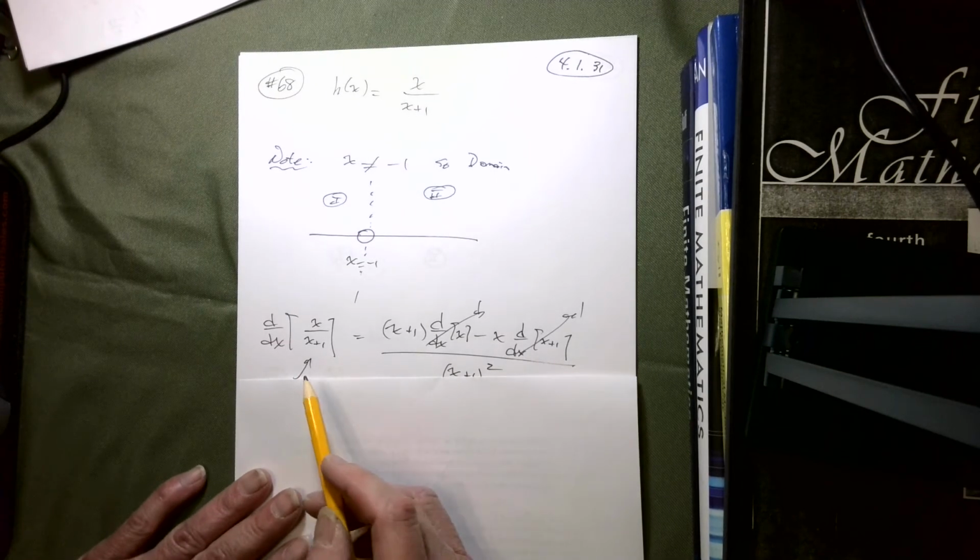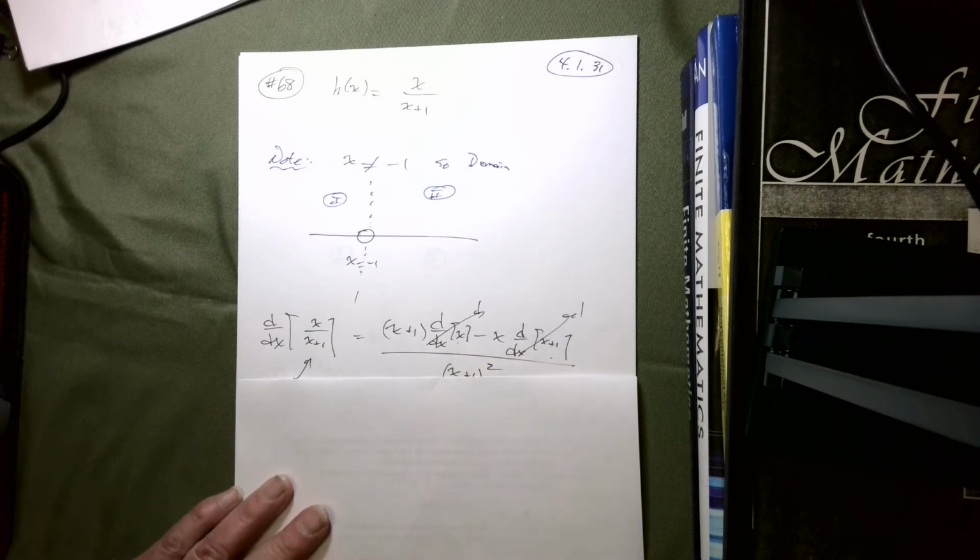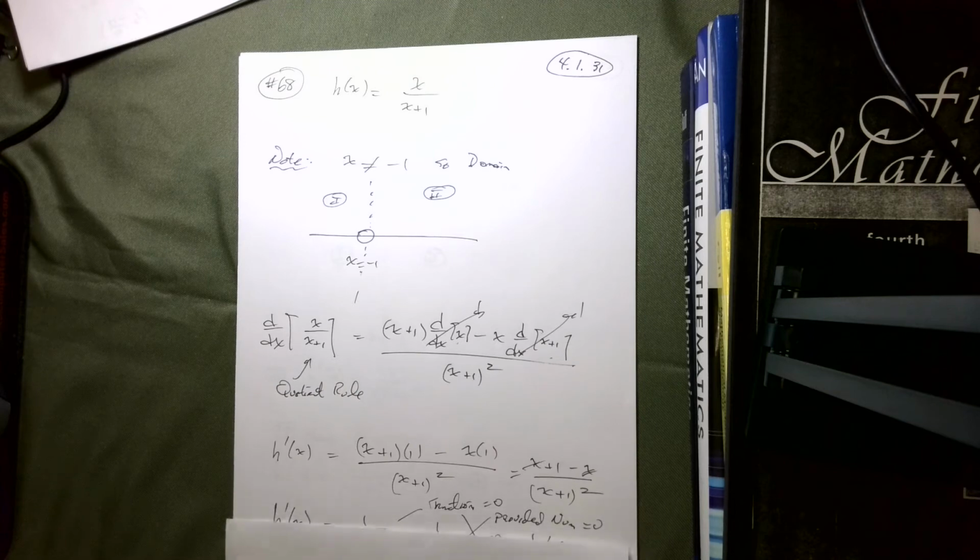Next step. Quotient rule. Bottom derivative of top minus top derivative of bottom all over the bottom squared. Simplify all this. Okay, so I'm not going to bore you guys. It's the same old stuff. Do your cancellations. Now, your first derivative, notice it's a fraction. When is a fraction equal to 0?